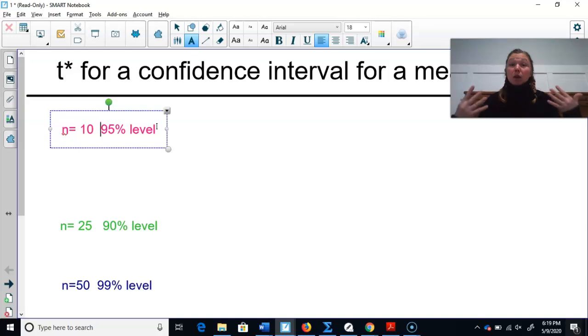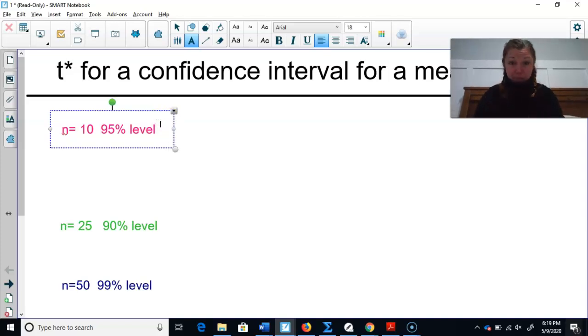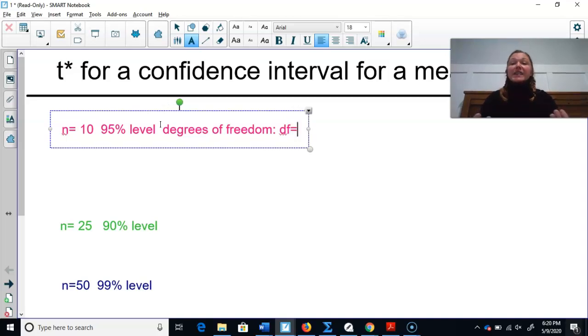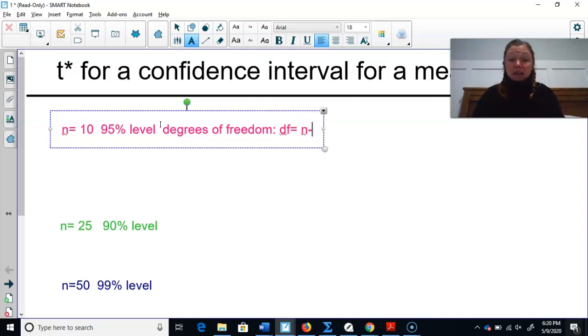Okay, here's the work that you have to do. So the n will be given and the confidence level will be given. What you need to do is you need to find something called the degrees of freedom, okay? And the degrees of freedom, we usually write as df, and df is equal to n minus 1.